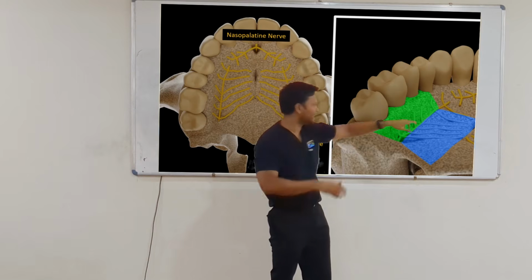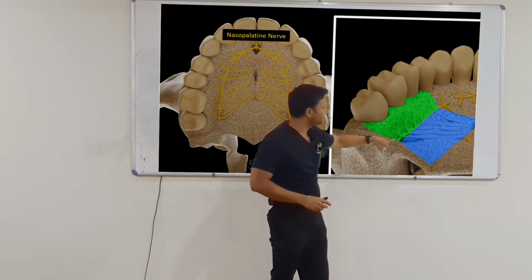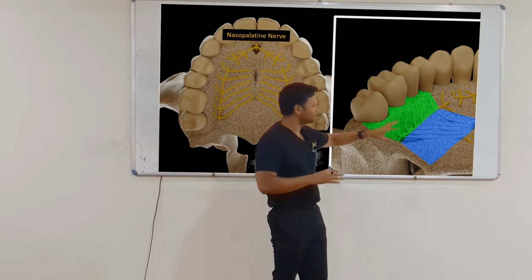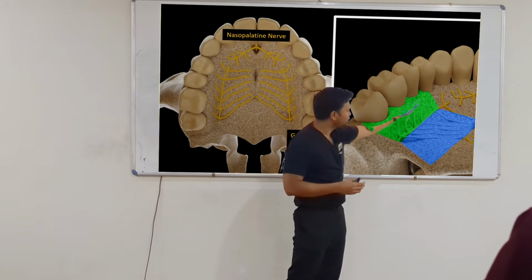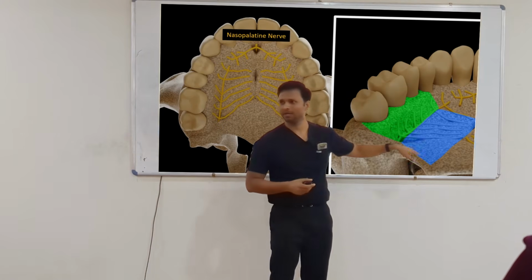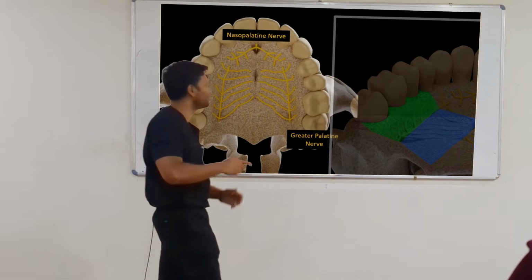At their junction, it is present at the junction of the alveolar bone and the palatal bone. This is the most common position. It will not be in all, but this is the most common position at the junction and distal to the second molar. Okay. Again, all these things will be useful to you in blocks, that is why I am showing this.